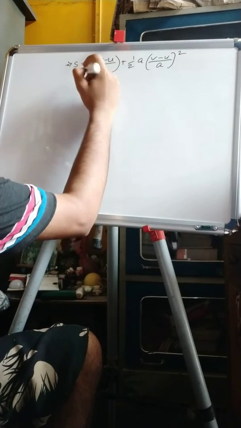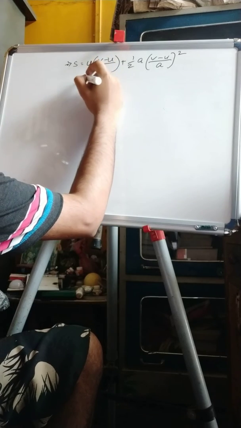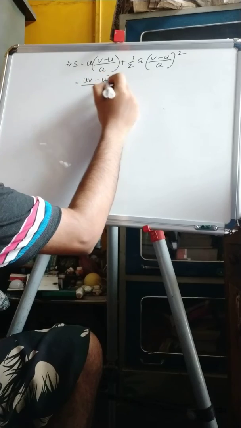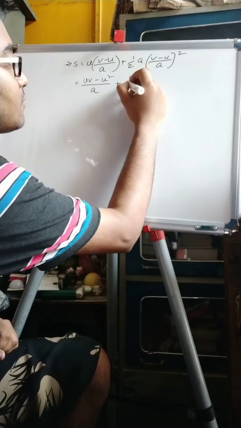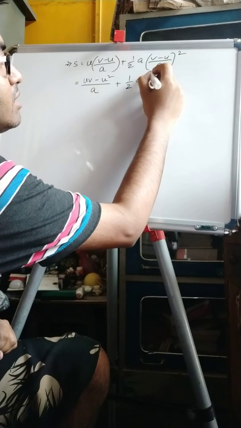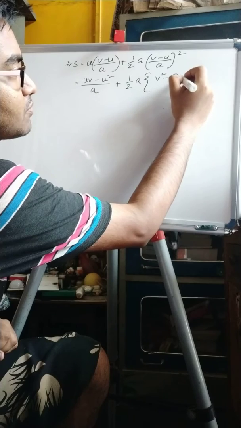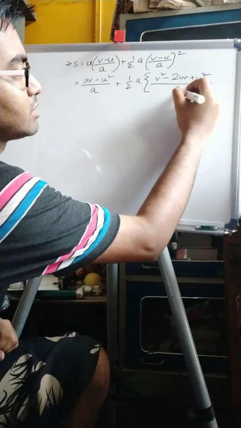We will just use some basic principles of maths. It becomes uv minus u square by a plus half of a, and we can write it as v square minus twice of uv plus u square, by a square.